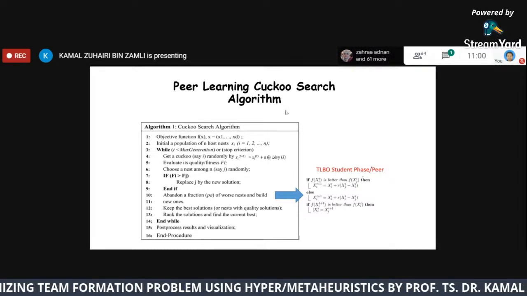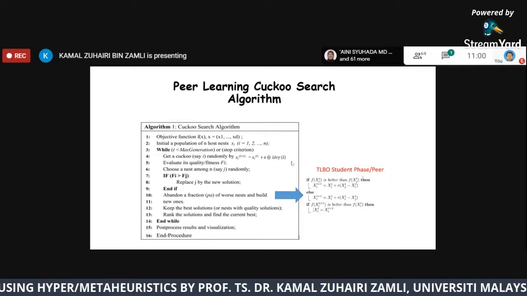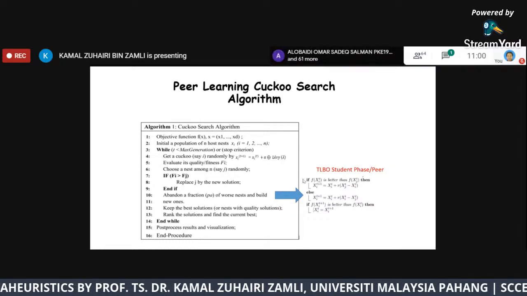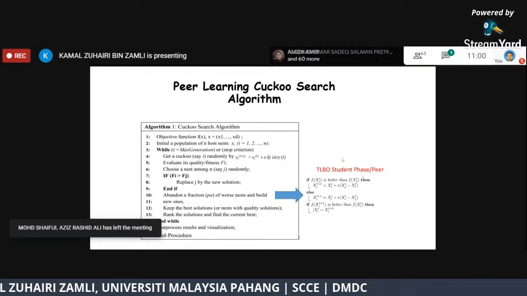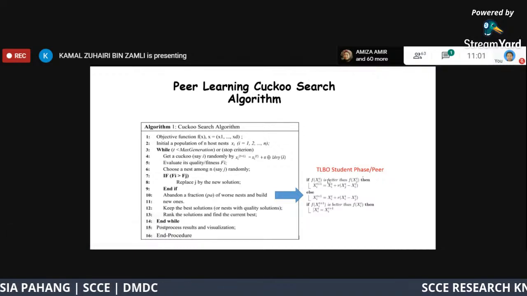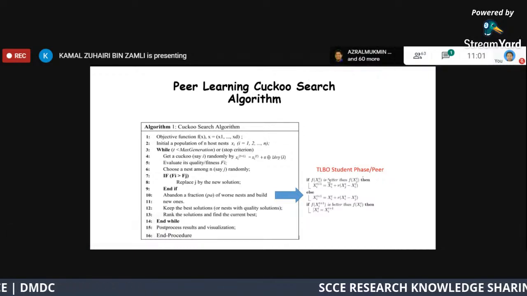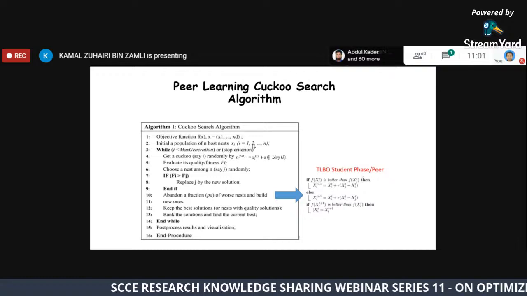Then you have a low-level hybrid, meaning the cuckoo implementation originally has only one update equation, and you take another update equation and put it inside here, for example from TLBO, to build a new one using this equation. So this is called low-level hybrid. Why low-level hybrid? Because the structure of the algorithm changes.